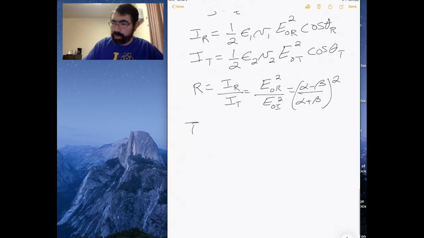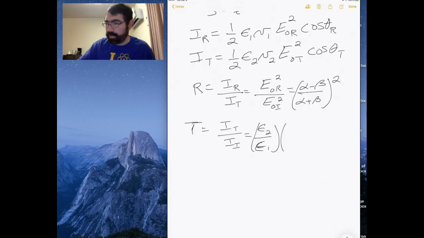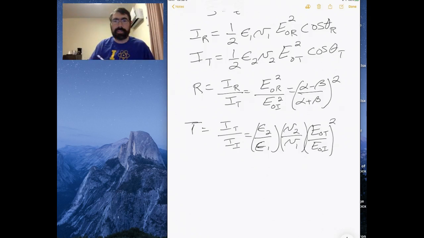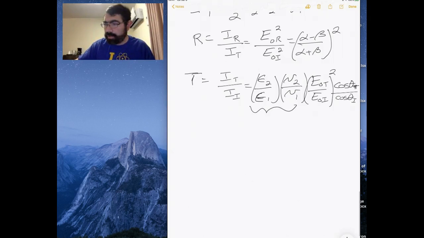And the transmission coefficient is the ratio of those intensities, which in this case the 1/2's cancel, but you can't cancel out the permittivities or the speeds. And you get the ratio of the amplitudes squared, and then the ratio of the cosines. So that's the transmitted angle, and that's the incident angle. Well, the ratio of those cosines is our factor alpha. This part here turns out to be beta.